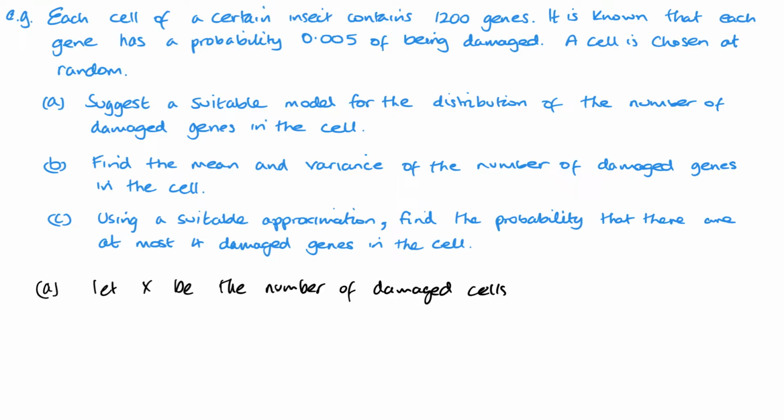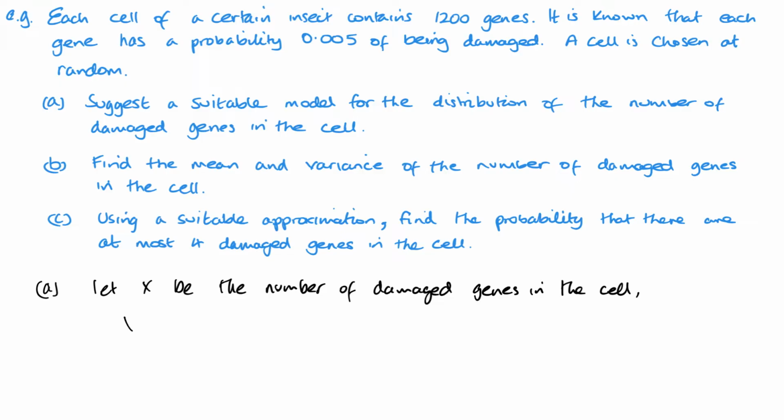So it's just looking at what is in this question. Each cell of a certain insect contains this many genes. It's known that each gene has a probability of being damaged. So we've got a suggested model for the distribution of the number of damaged genes in the cell. So you can see I've already made a really silly mistake there. So let X be the number of damaged genes in the cell.